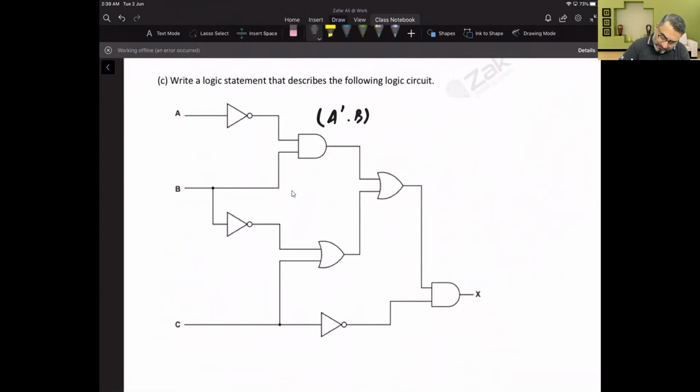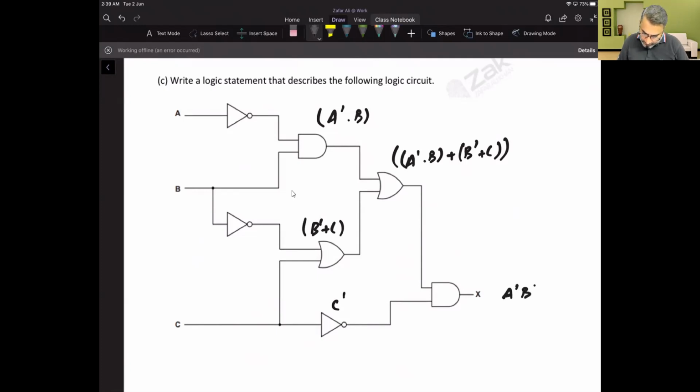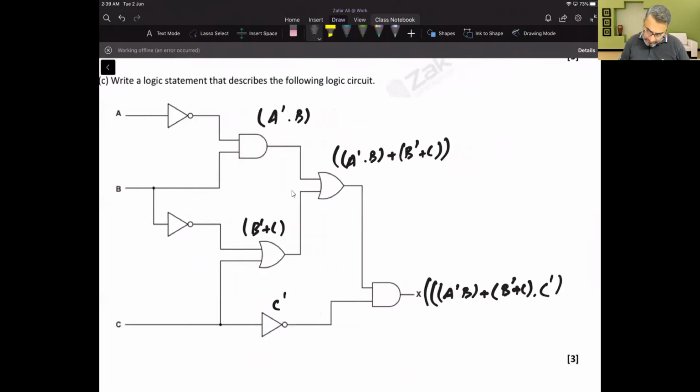Over here it would be b not plus c. Over here it would be a not b plus b not plus c. Over here it would be c naught, and over here it would be a naught b plus b naught plus c multiplied by c naught. That is how we define x.